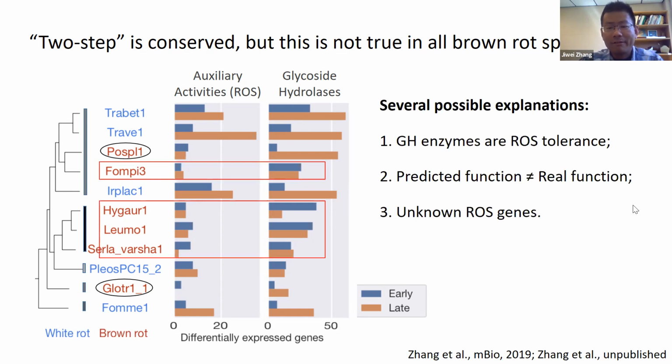There are several possible explanations. The first is probably the GH enzymes, the hydrolysis enzymes, in some of the species have evolved to be tolerant to the ROS. The second is that probably the predicted functions of these genes and genomes are not equal to the real functions. It's also possible there are some other ROS producing genes we don't know yet.